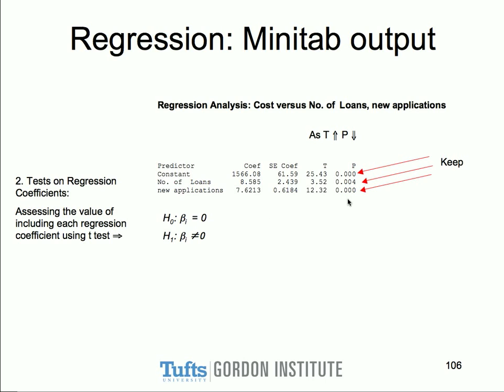So we reject the null hypothesis that they're equal to 0, which therefore means that they're not 0, and that means that we can keep them in. And the way that these t-values are calculated here is simple. So we take the coefficient divided by the standard error of the coefficient, and we get t.